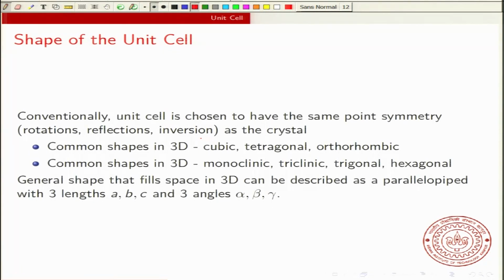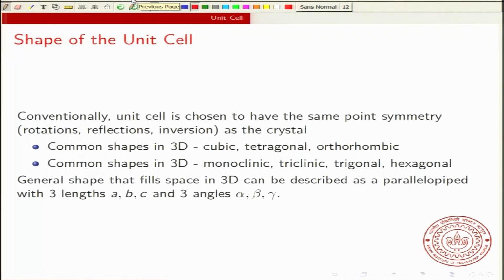Okay. Now, the common shapes in 3D, you can have cubic, tetragonal, orthorhombic, triclinic, monoclinic, trigonal or hexagonal. Okay. And we can understand all these in terms of what we said just now, that we imagine that unit cell to be some solid object that fills the entire space. Okay. Now, if we look at the general kind of solid object in 3D that fills the entire space, such an object would be a parallelepiped.